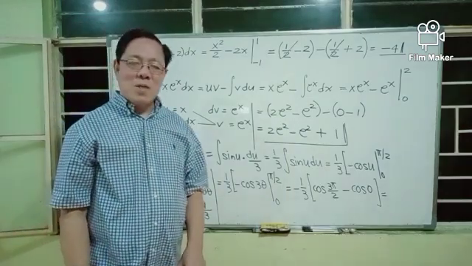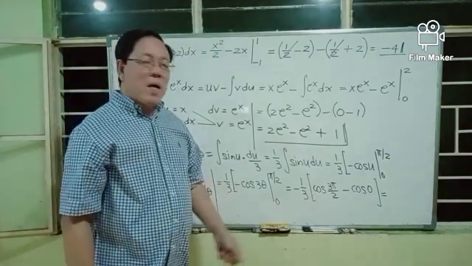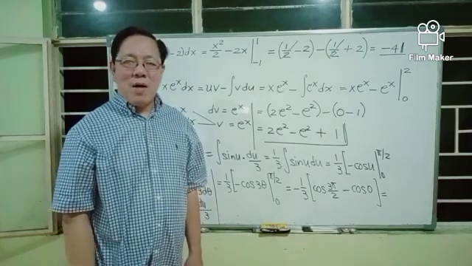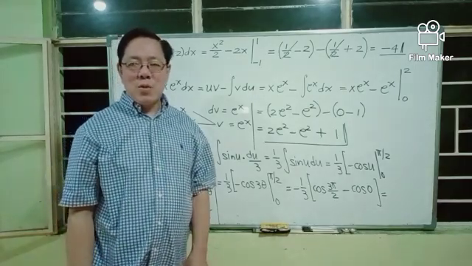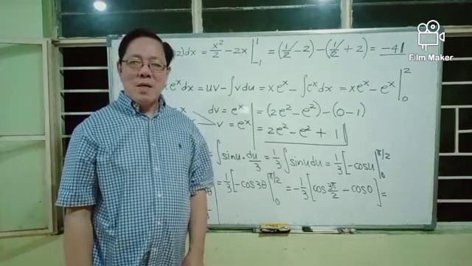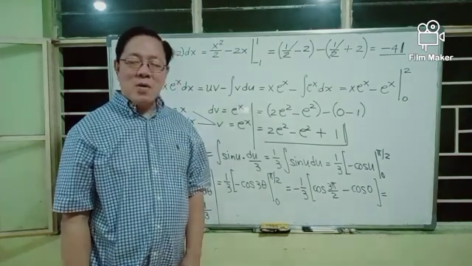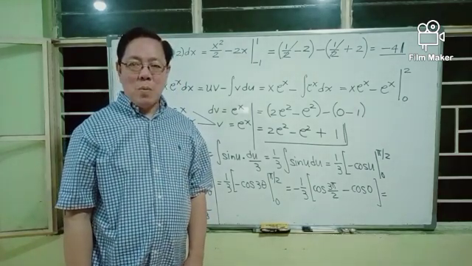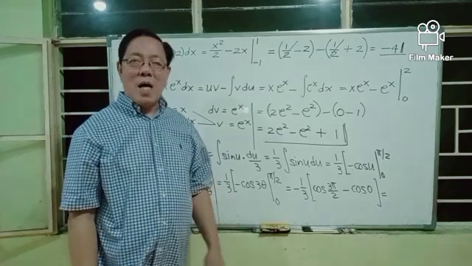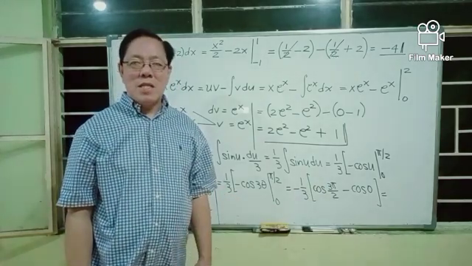And cosine of 0 and cosine of 3 pi over 2 we find using our calculator, but be sure to have your calculator in radian mode, because 3 pi over 2 and 0 are in radians and not in degrees.